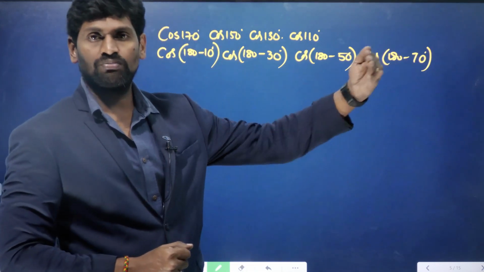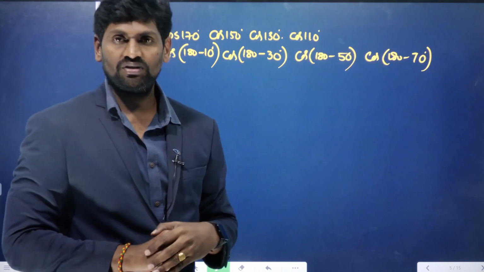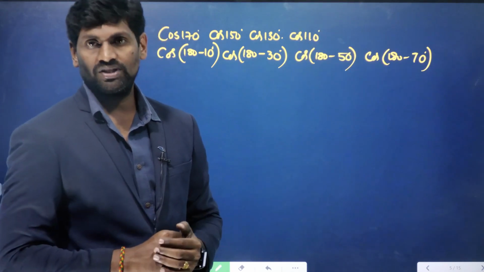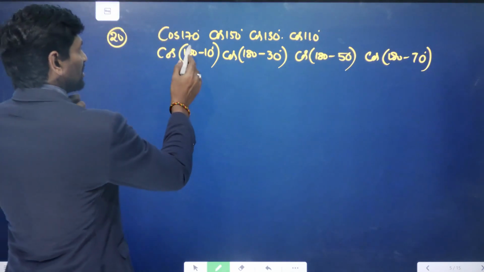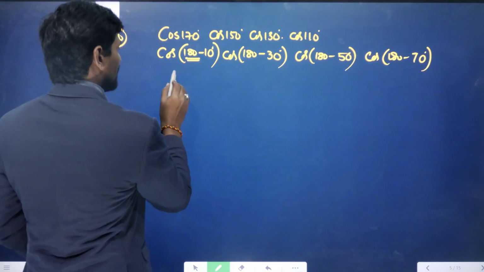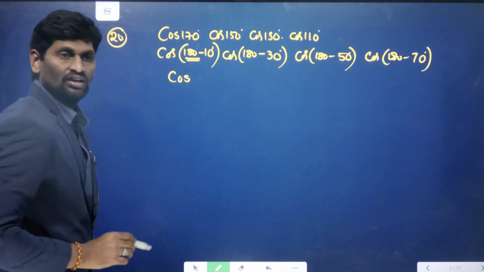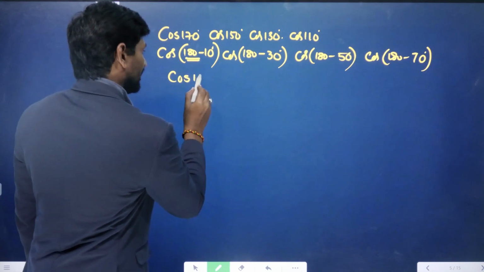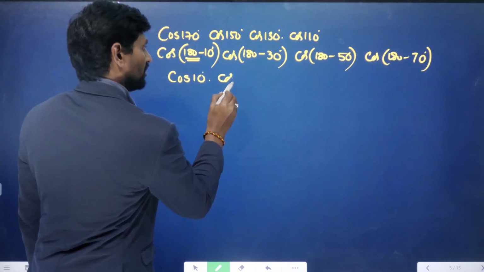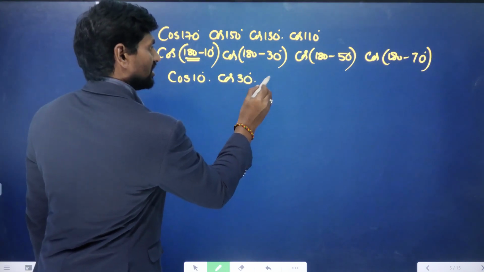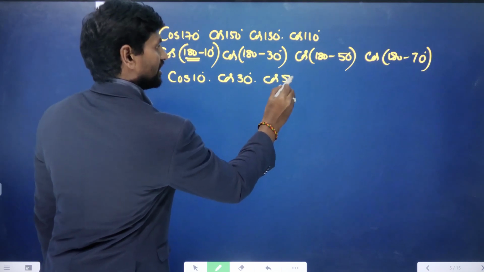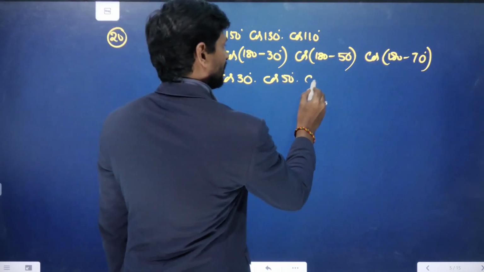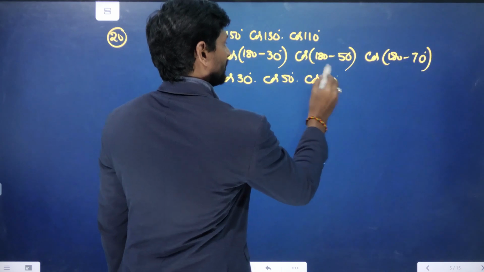Minus into minus into minus into minus becomes plus, so I am not going to write the minus symbols. Whenever it is 180 degrees, cos remains cos. We can write this as cos 10 degrees, cos 30 degrees, cos 50 degrees, and the last one cos 70 degrees.